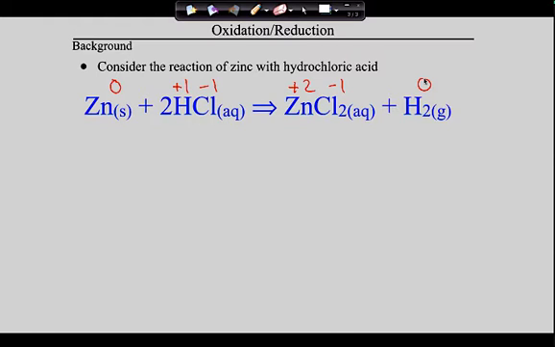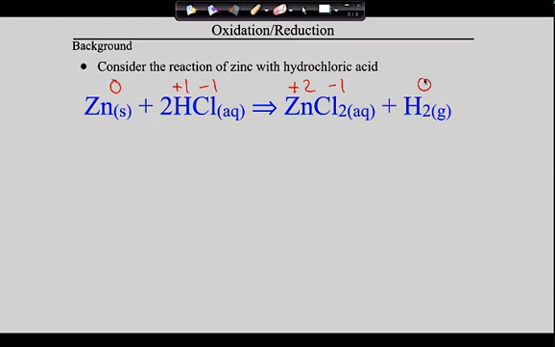So again, guys, the idea is which is being oxidized, which is being reduced, how many electrons are being exchanged. Give you another second. And then we'll talk. You guys okay?